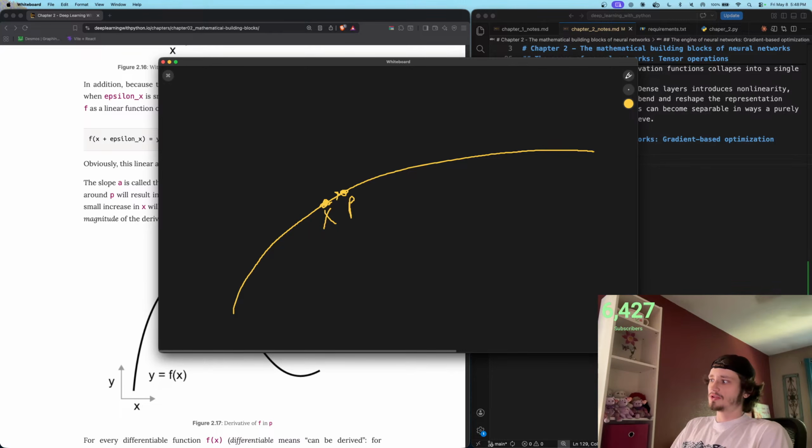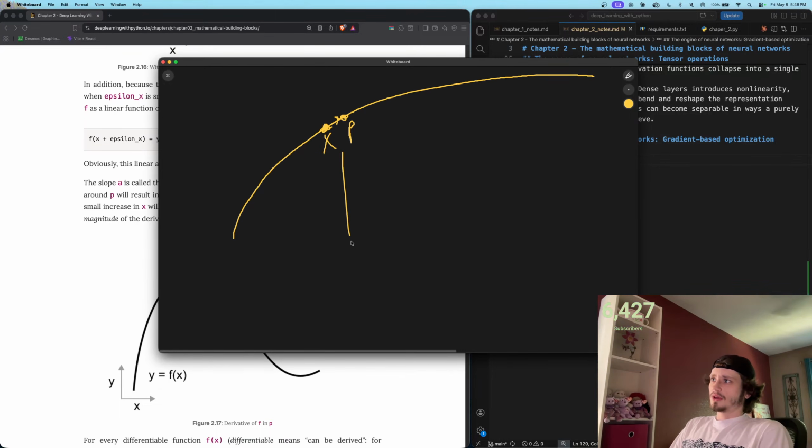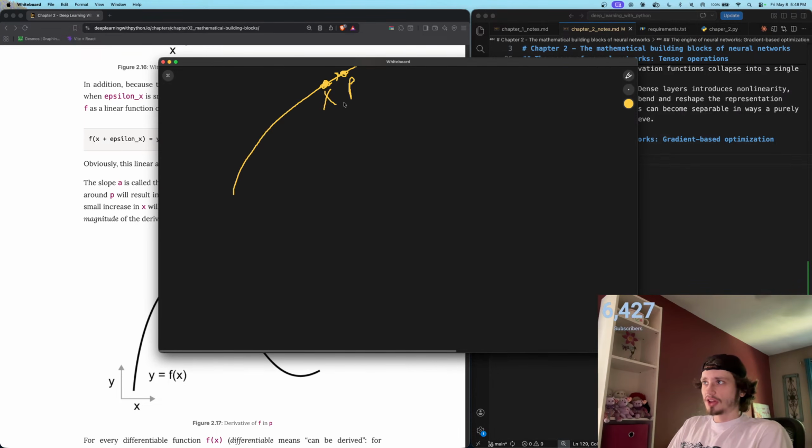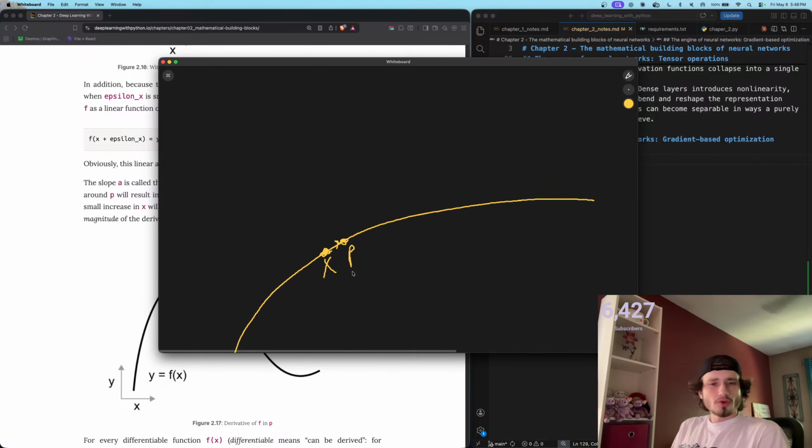This region, if we zoom in, right, if you take a curve and zoom in really close, it looks like a straight line, right? Because you don't have the perspective of the curve.